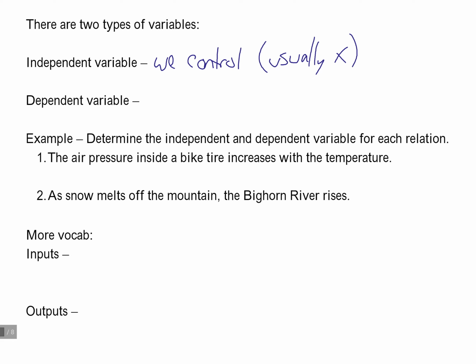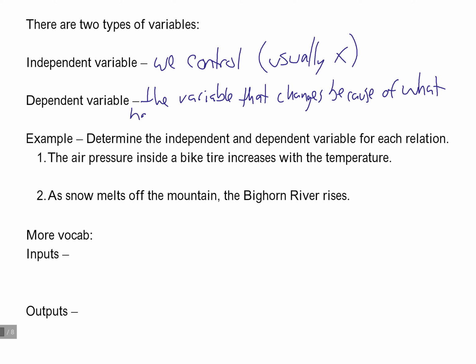Okay, the dependent variable is the variable that changes because of what we did to the independent variable. Okay, so let me write that down. The dependent variable is the variable that changes because of what we did, or because of what happened, to the independent variable. And that is usually y.